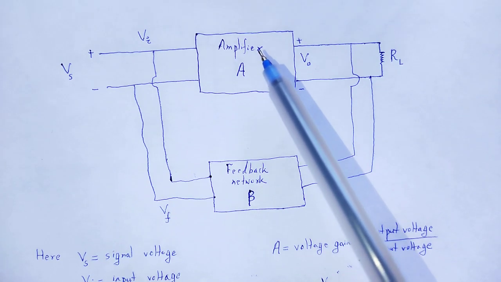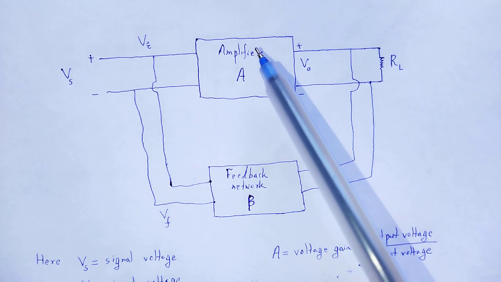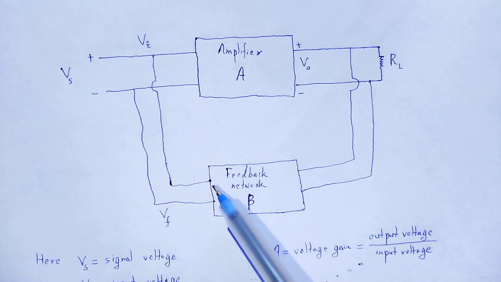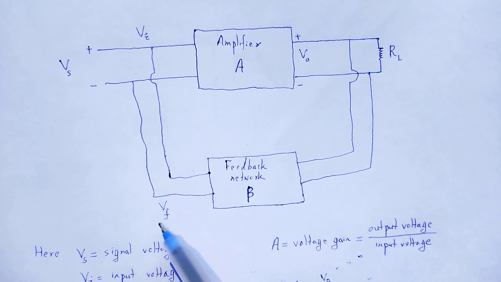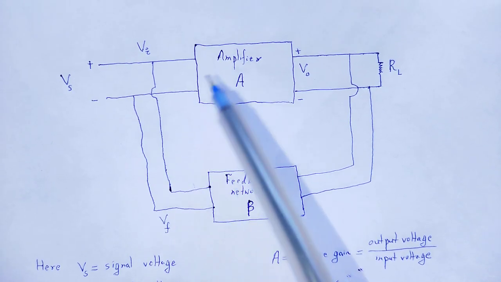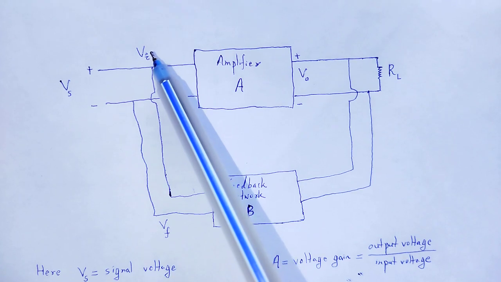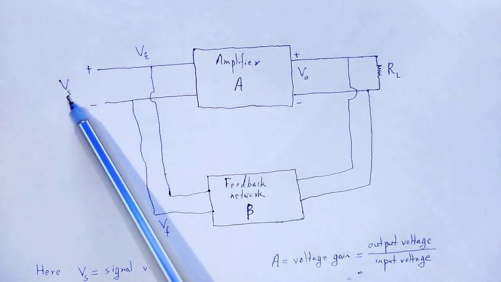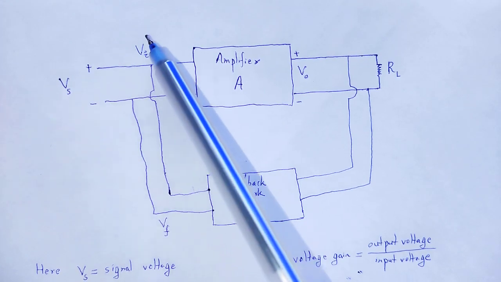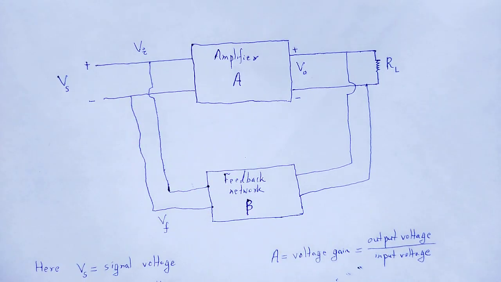In case of negative feedback, the feedback voltage is to be subtracted from the signal voltage in order to calculate the input voltage.